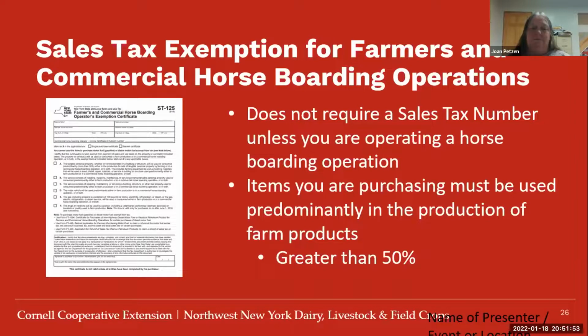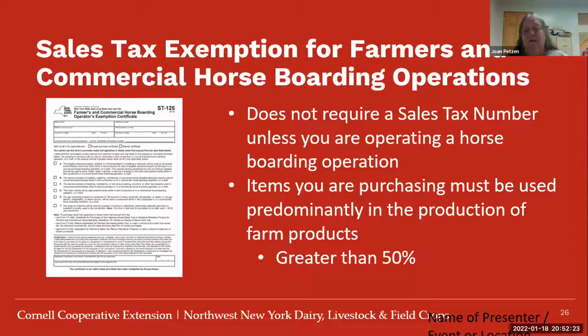This form can be filed either as a blanket certificate, meaning you file it once, and then you don't have to file it again with the vendor. They will look and say all of your sales are exempt and not charge you tax. Or, if it's someplace that you only go occasionally, there will be a single purchase certificate. And there's a box right near the top that you check to say whether it's a blanket or a single purchase certificate.